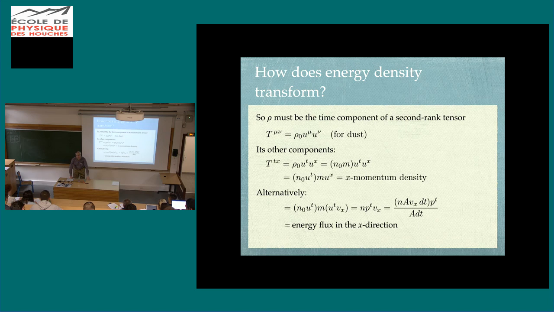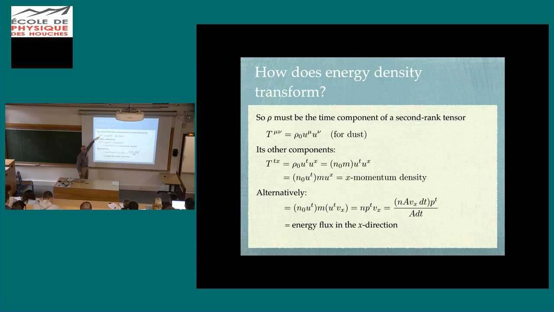You have to get the second rank tensor transformation behavior, because you get one factor of contraction from the Lorentz contraction, but then the energy itself transforms as you go from frame to frame. So you get two powers of gamma, which you can't get by transforming a 4-vector. You can only get that by transforming a tensor. So this is the stress energy tensor for dust.